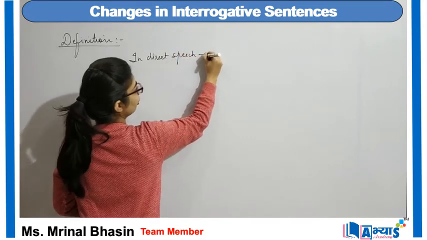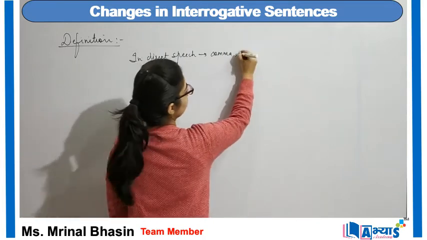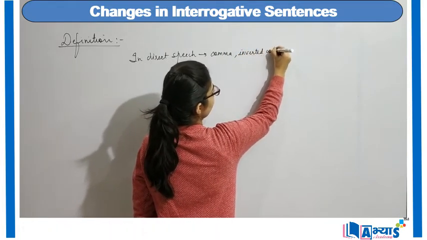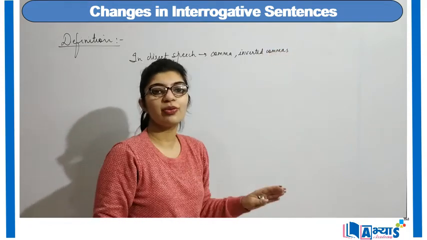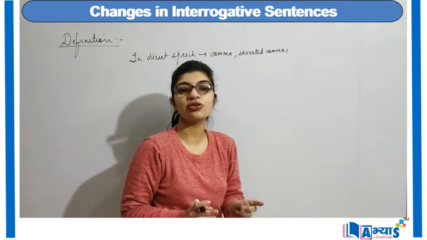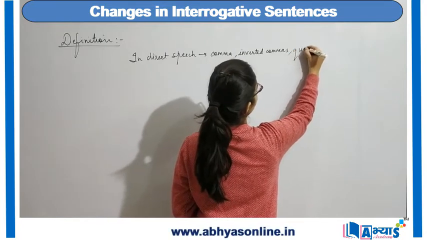We have a comma, inverted commas, and since we are talking about the interrogative sentence, it always ends with a question mark. So it has a question mark as well.